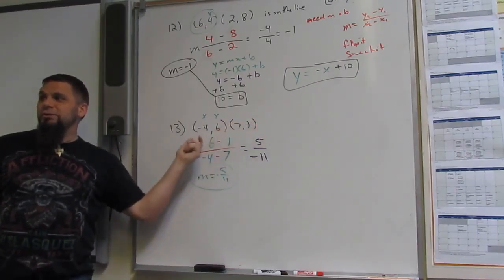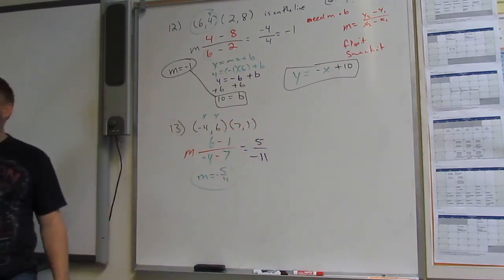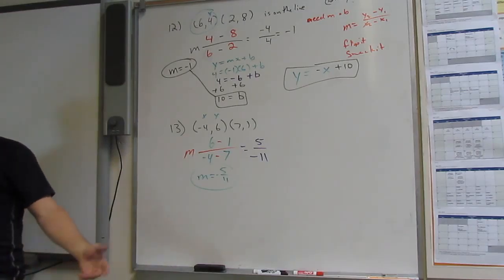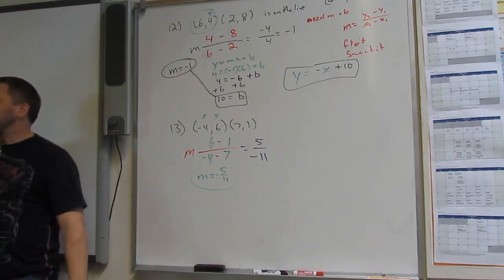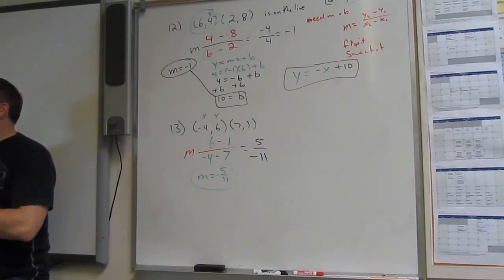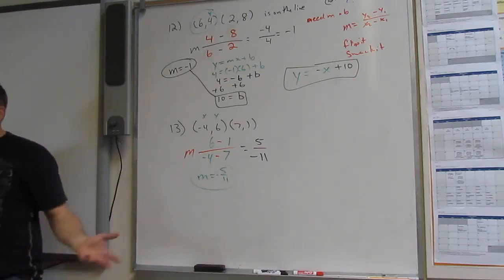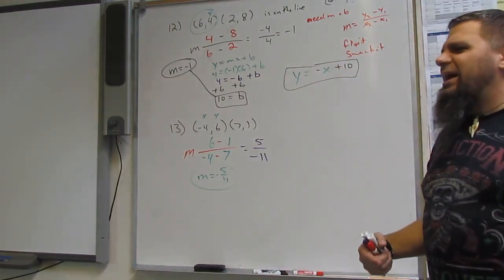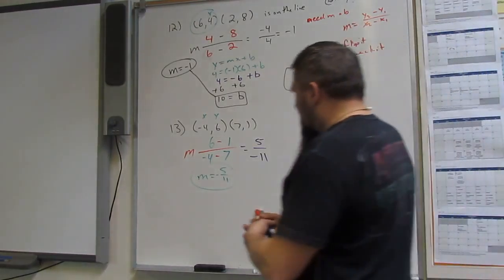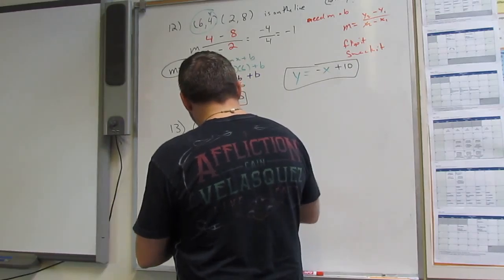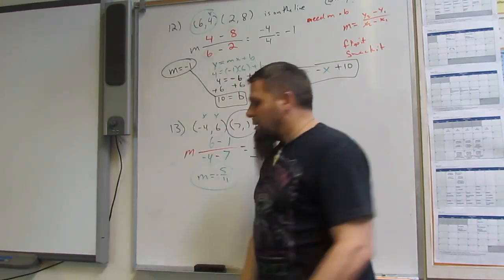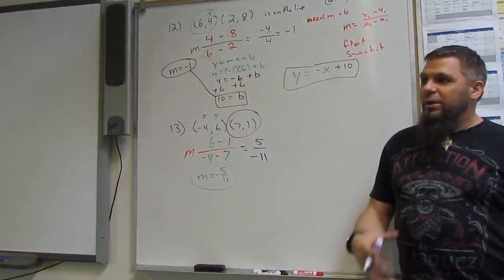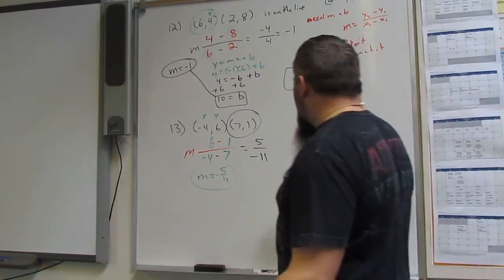Which one would you use? Probably the second one, because it's positive. Yes. Because if you plug in negatives, we already saw that was a little bit tough for us. So why plug in a negative if we don't have to? So let's grab the one that's not negative and plug it in.